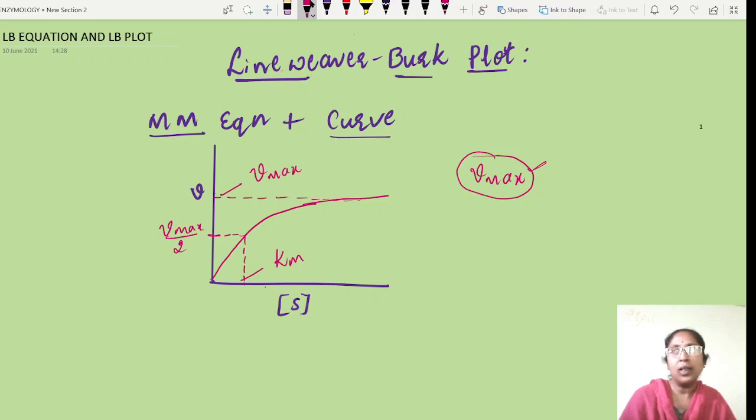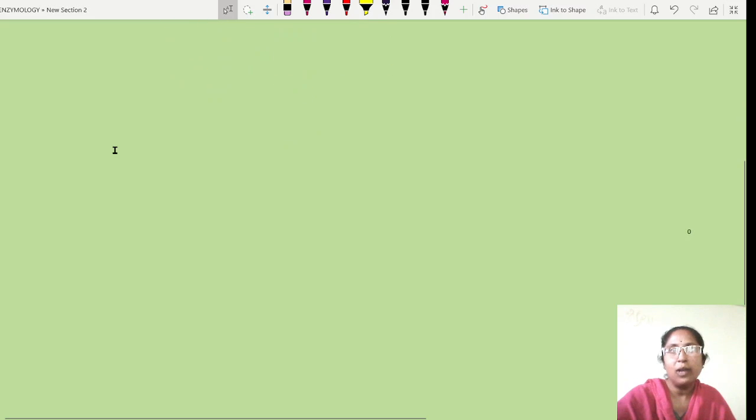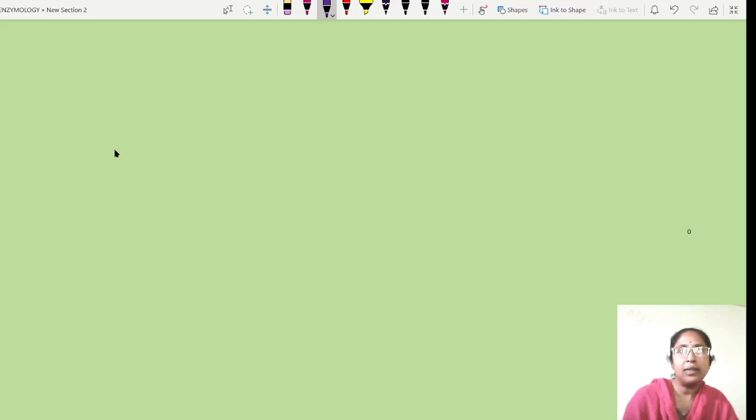To overcome all these limitations, the hyperbolic form of the MM equation was transformed to linear form. How is it transformed to linear form? We will see. Here I'm going to write the MM equation.